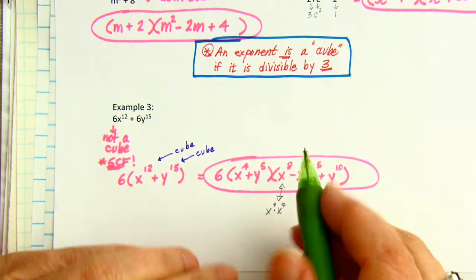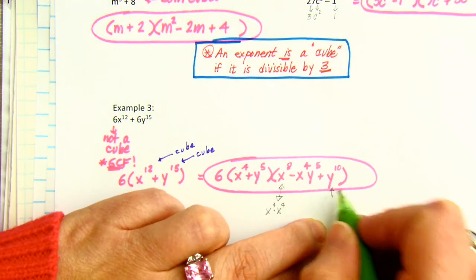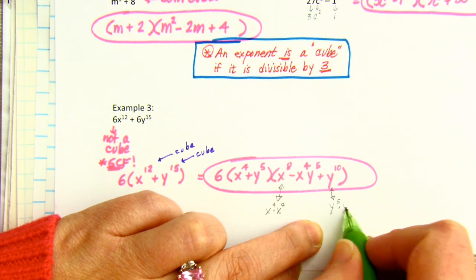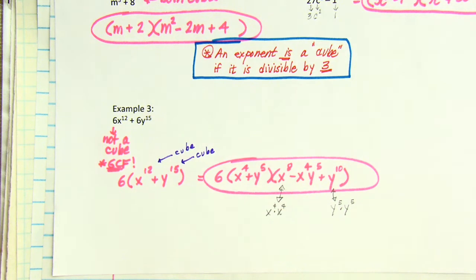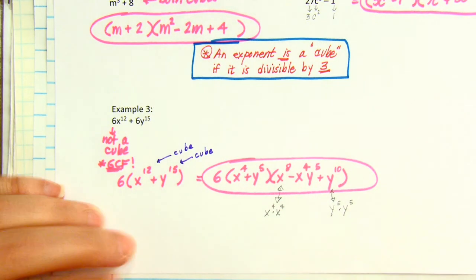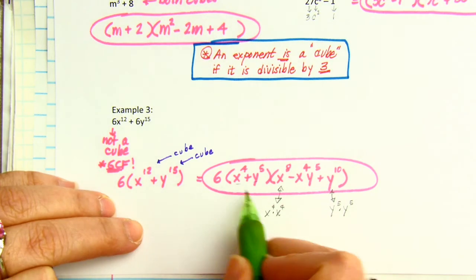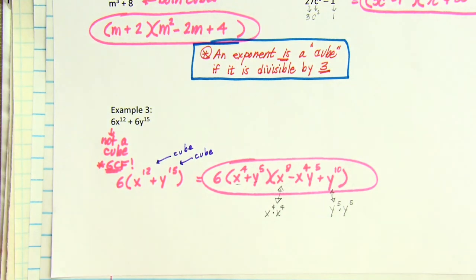That's why that's x to the 8th. This is y to the 5th times y to the 5th, right? You have to square this, which means multiply it by itself. Base is the same, add the exponents, so you get y to the 10th. And then we just move these next to each other, x to the 4th, y to the 5th, and change the sign. Okay, so if you have questions on that, please ask.